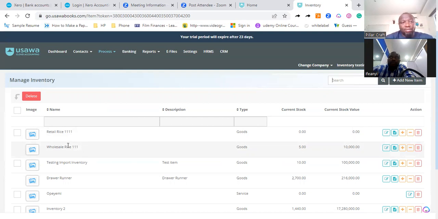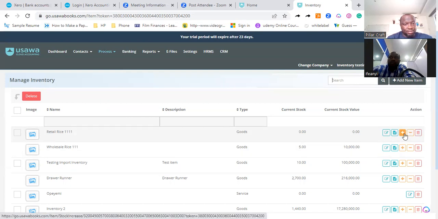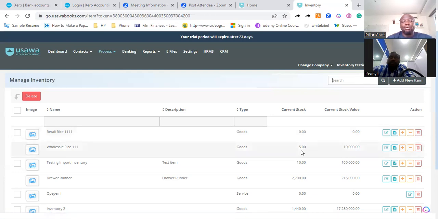Now, one way, which unfortunately does not provide a lot of audit, is by coming here, reducing from here, and coming to increase this. However, you would need to increase this by the number of packs that is in one carton. Let's say you decrease this by 1.